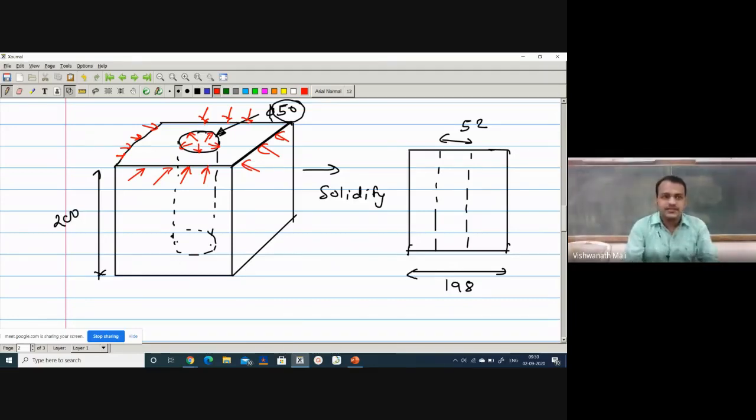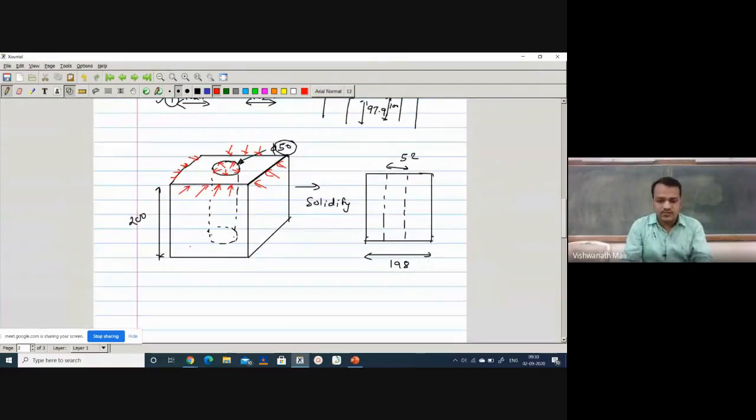Now to overcome this, what will we do? When we design the pattern for 200, suppose again it is steel, 21 upon 1000, because for 1000 mm dimension we need to give a shrinkage allowance of 21 mm. So 21 into 200 upon 1000, it will be 4.2 mm allowance.